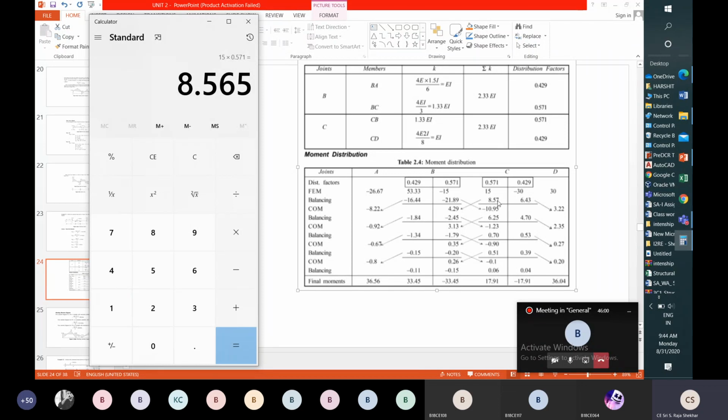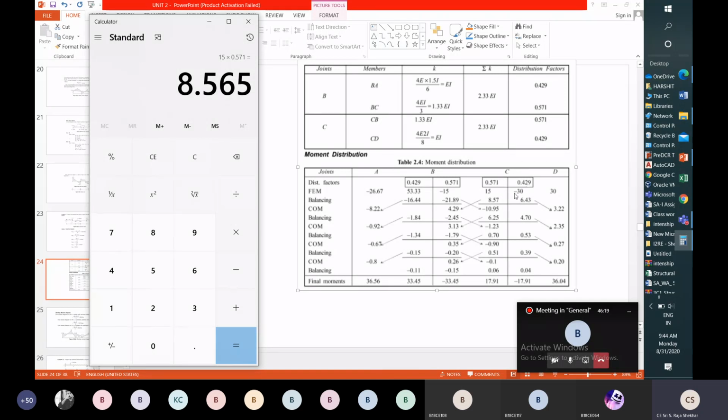I'm very sorry for that. Rounding to 2 digits, we get 8.57. ఏం చేశాను, అన్బ్యాలెన్స్ మూమెంట్ తో డిస్ట్రిబ్యూషన్ ఫ్యాక్టర్ మల్టిప్లై చేశాను.